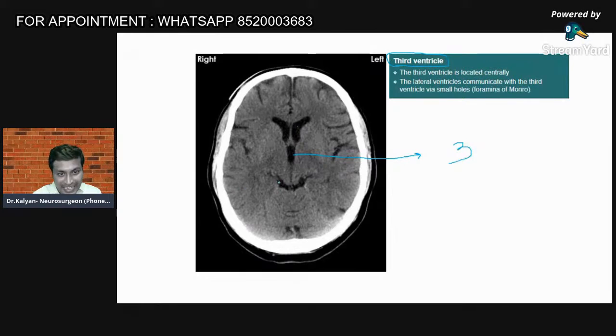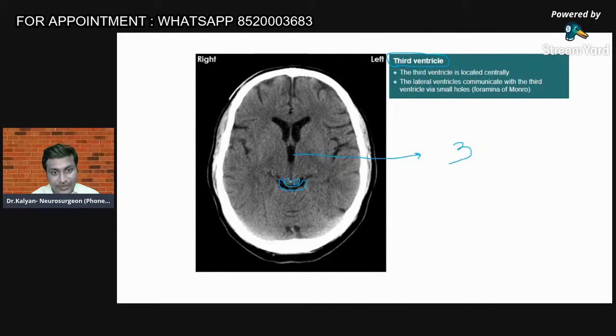Can anyone try to guess what this structure is? This is present posterior to the brainstem. Can anyone try? This is the superior colliculus.